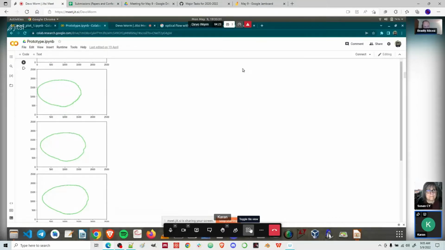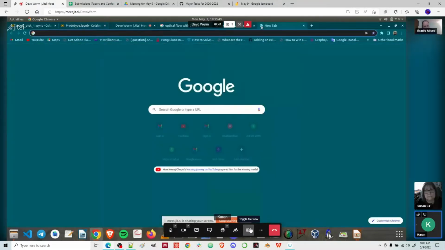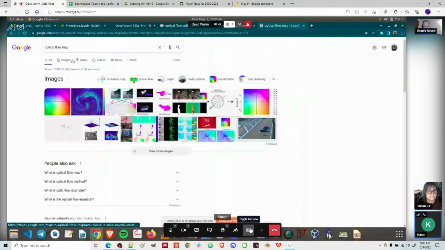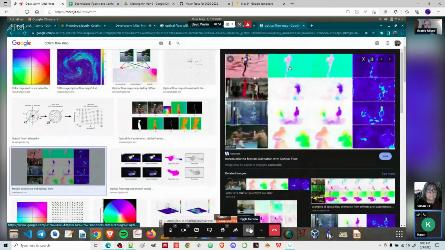One is optical flow. There are existing 3D models that rely on optical flow. You feed the image to a neural net, and it gives out an optical flow map of the image. The object that is moving, the rate at which it is moving, the motion displays the pixel intensity.